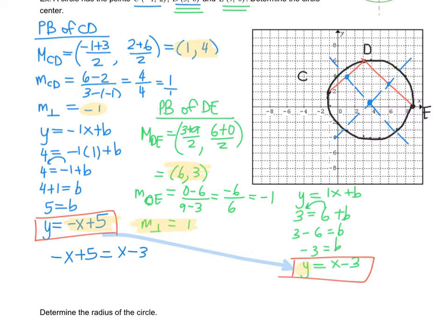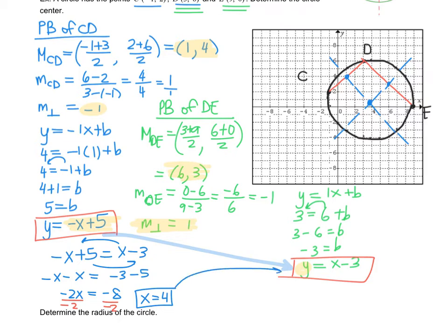And now I'm just going to rearrange to solve for x. So negative x minus x equals negative 3 minus 5. That's negative 2x equals negative 8. We can divide both sides by negative 2. And our x is 4. And now to find our y coordinate, we can plug it into either equation.